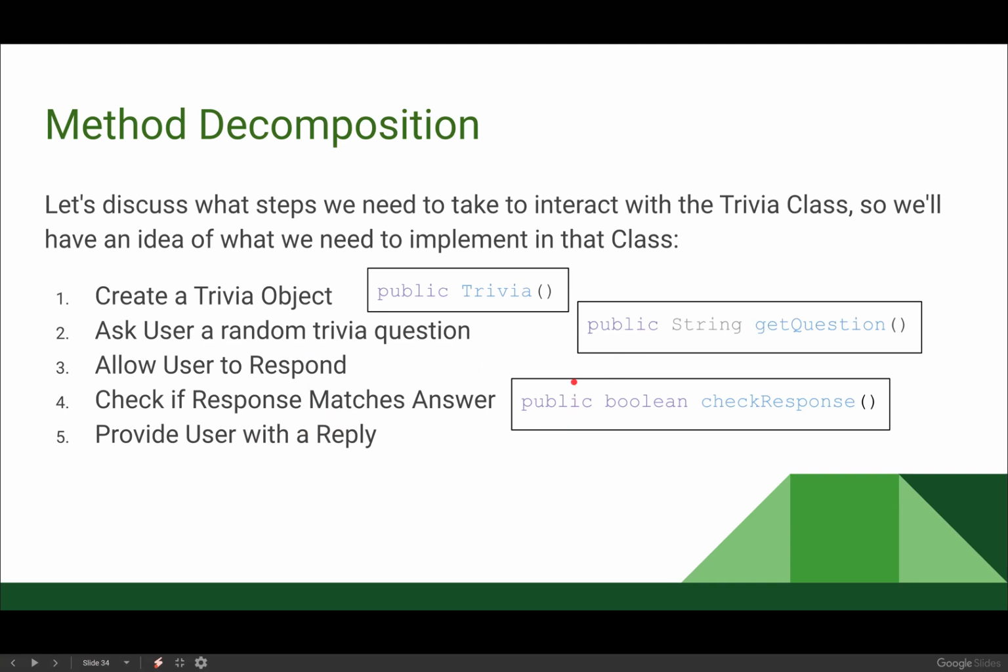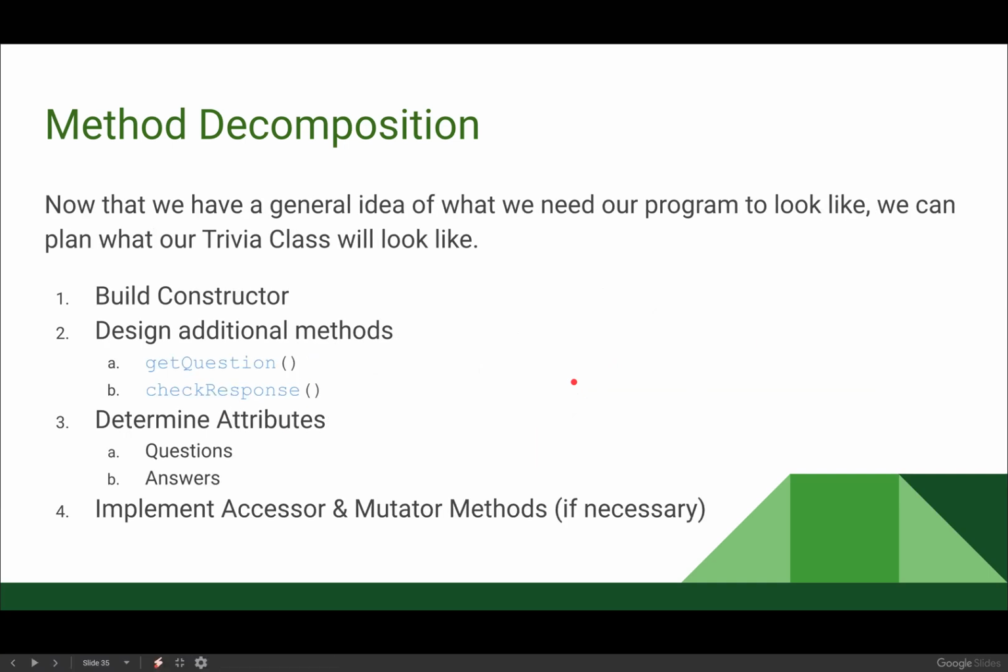So with that outlined in our head, we have a general idea of what our trivia class is going to need. We need to build our constructor. We have those two additional methods for getting our question and checking our response. We're going to need to determine what instance variables are going to need to exist within our trivia class, a list of questions, a list of answers, and we might need to implement accessor or mutator methods if we need to.